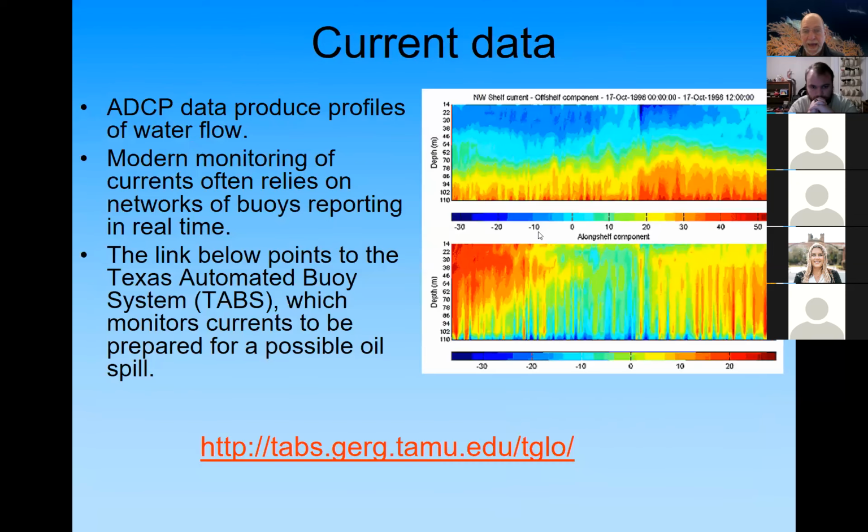And so this is what you get. ADCP data produces profiles of water flow. What the modern system does is rely on a network of buoys that are reporting in real time. So here is the depth profile, and this is broken up into two components: an along shelf current and a cross shelf component.